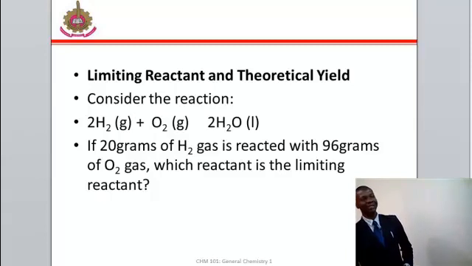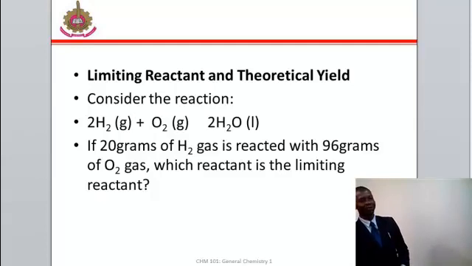In order to get that, 20 grams of hydrogen times 1 mole of H2 over 2 grams of H2, times 1 mole of H2O over 1 mole of H2, times 18 grams of H2O over 1 mole of H2O. And now, how much water is formed from 96 grams of O2?